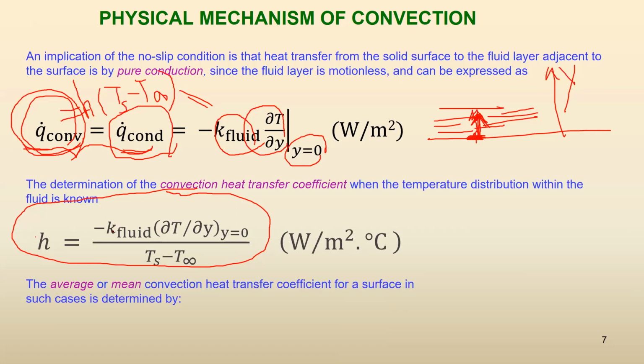The conductivity of the fluid can be read from the table at a certain temperature, times the temperature gradient at y equals 0 at the surface, the temperature gradient inside the fluid at the surface, divided by Ts minus T infinity, and has a unit of watt per meter squared degree Celsius or meter squared Kelvin. They are the same. This is a very interesting and very useful equation, and they use this equation basically to calculate the convection heat transfer coefficients experimentally.